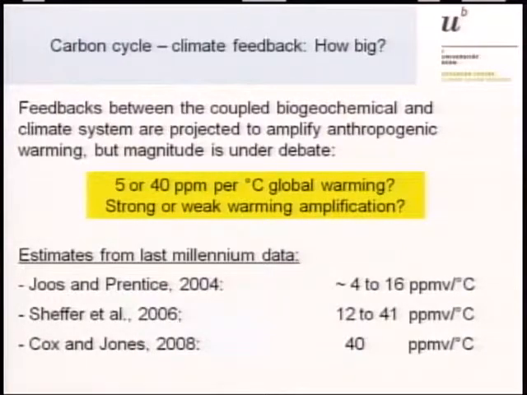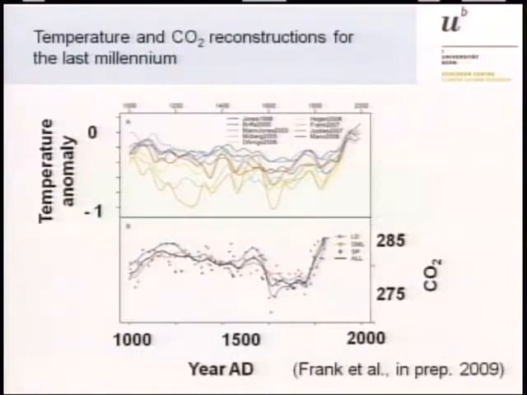So here is just a review of a few papers that show different ranges for this carbon cycle climate feedback. Some suggest it's between 4 and 60 ppm per degree warming, and others suggest it could be much higher, up to 40 ppm per Celsius. Why are there discrepancies in the different assessments?